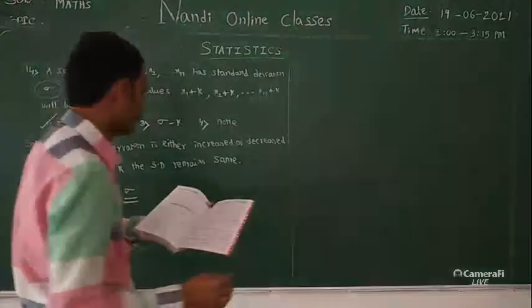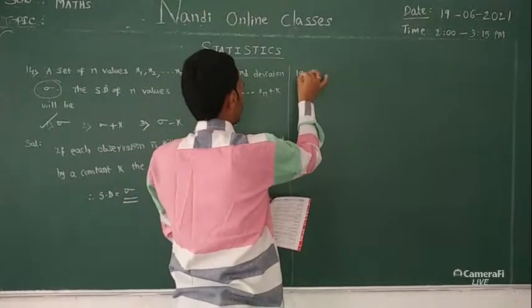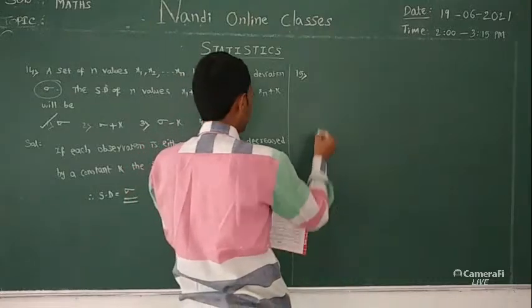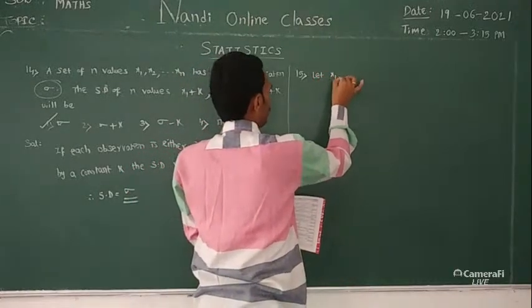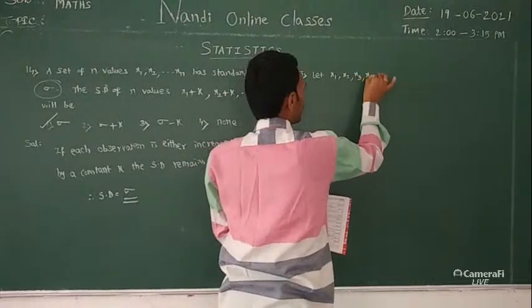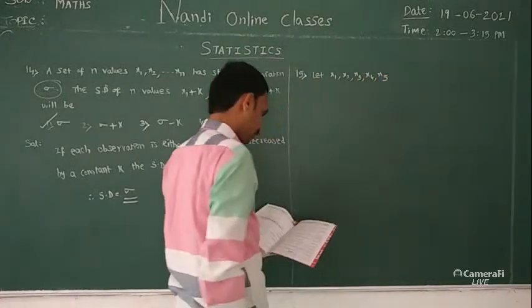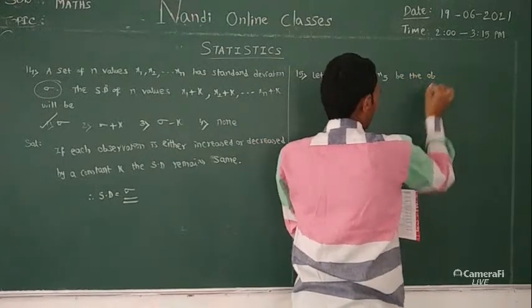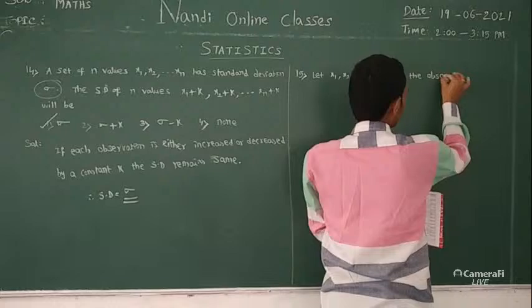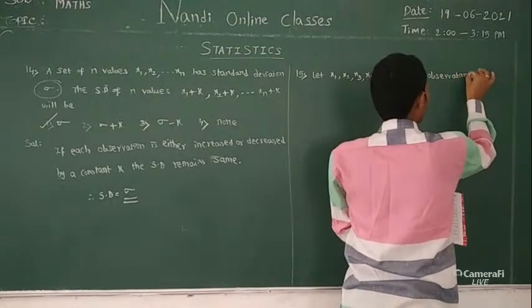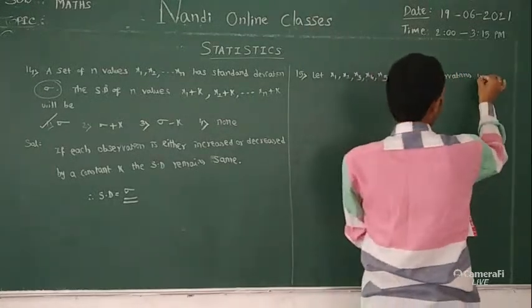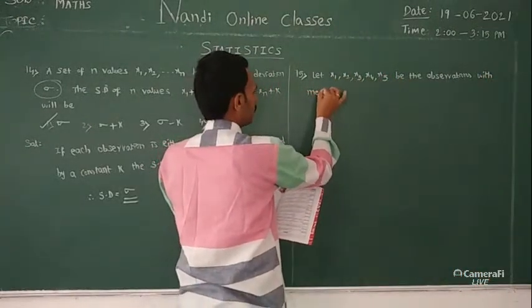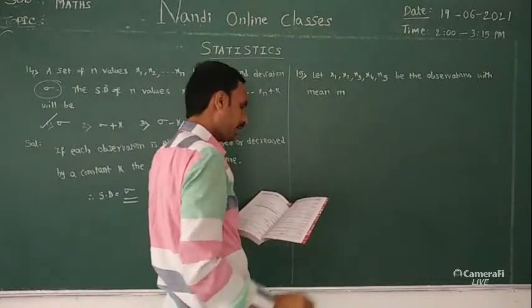Okay, 15th problem. Let x1, x2, x3, x4, x5 be the observations with mean m and standard deviation s.